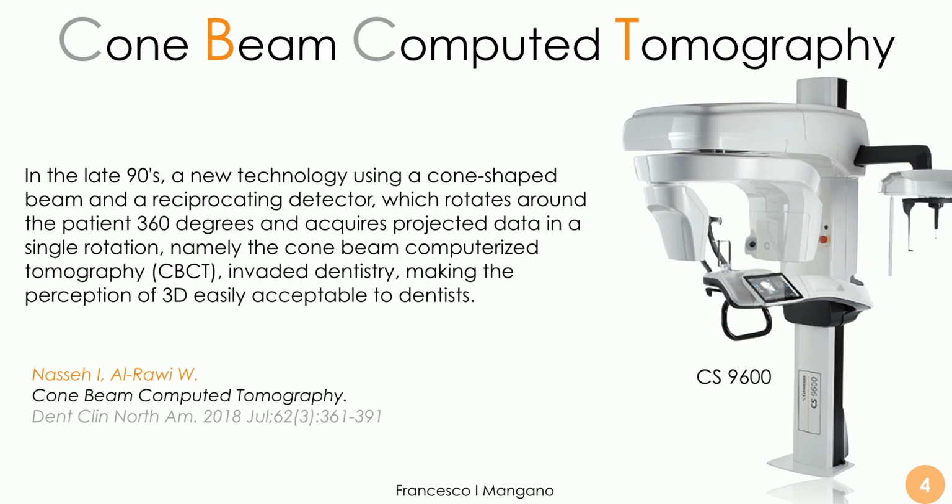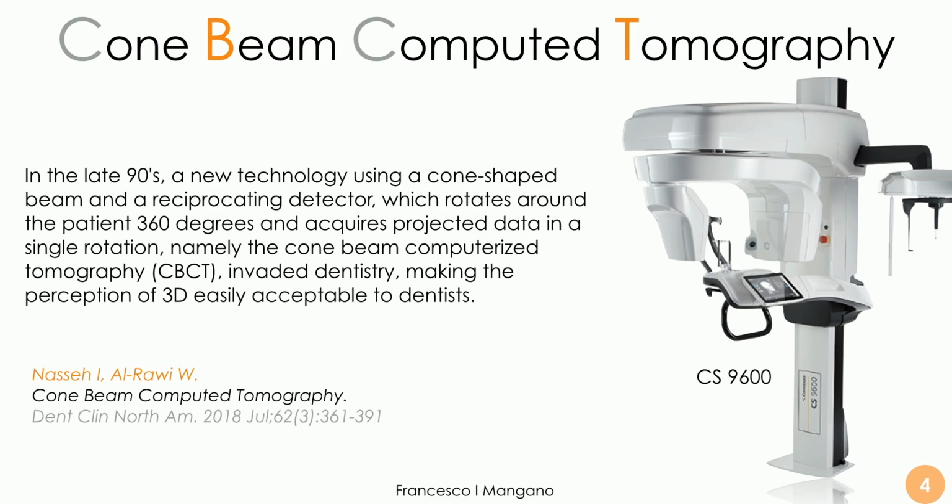As we know, in the late 90s, a new technology, the cone beam computed tomography, came, and it was a revolution. It is still a revolution because we have the possibility to acquire data from our patient in 3D, and it's very important. This technology uses a cone-shaped beam and a reciprocating detector which rotates around the patient 360 degrees and acquires projected data in a single rotation.